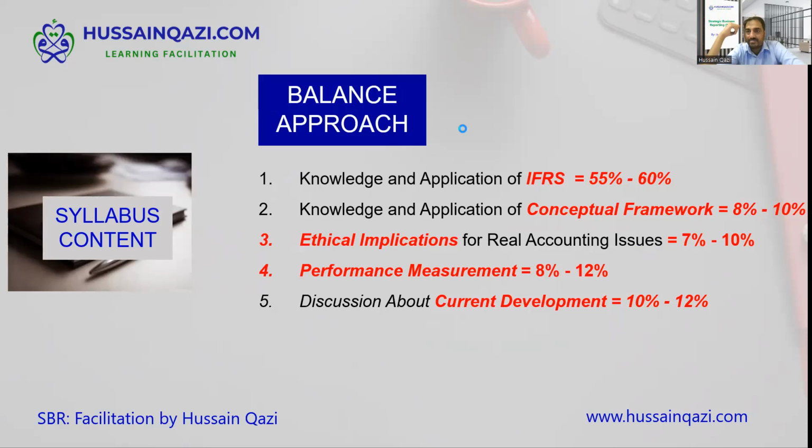The five syllabus areas. The SBR subject started from September 18. From September 18 till now, I have analyzed the past exam papers, and this analysis was made for exam weightage.